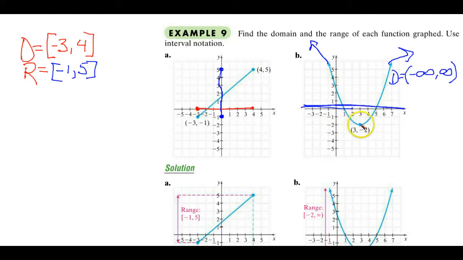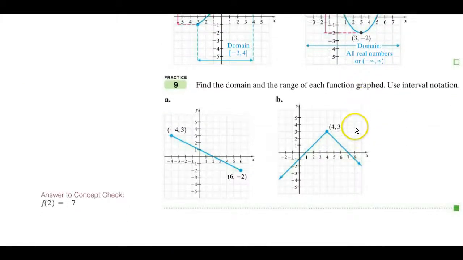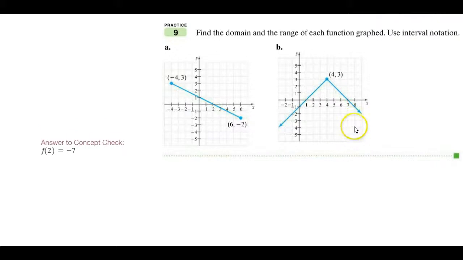Now our range starts here at -2 and goes up to infinity. Okay, that one was a little bit easy, but bringing some memories back. And we'll do this one too.